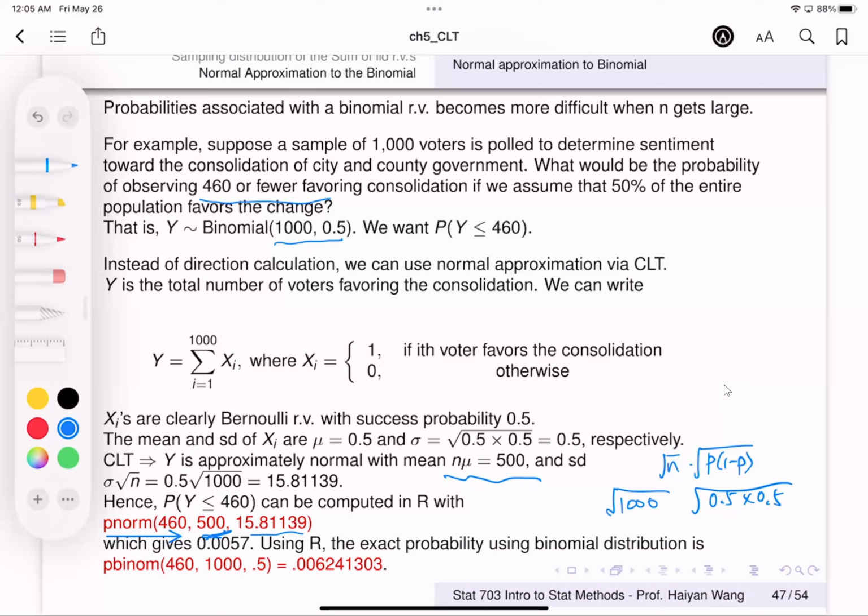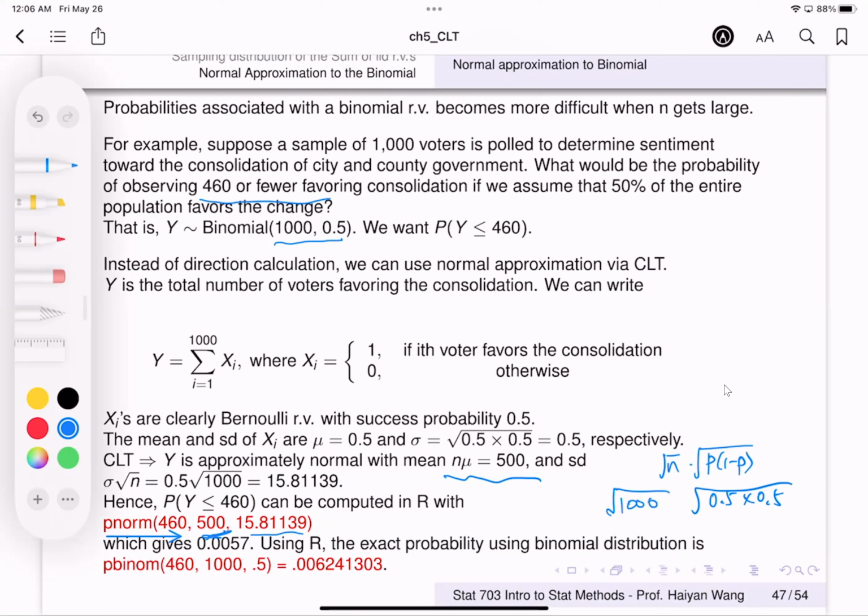For this probability, this is an approximation. If n is large, then the normal approximation gets closer and closer to the binomial. For this example, the normal approximation gives us the probability of 0.0057.